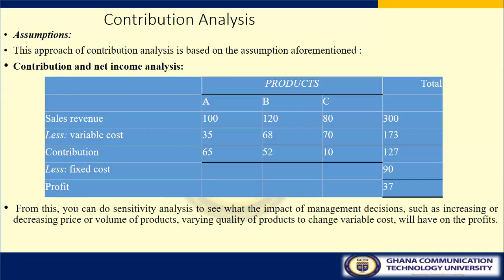So our contribution is going to be 100 less 35, which gives 65 Ghana cedis as your contribution for product A. And that of B is 120 less 68, so you are getting 52 Ghana cedis as your contribution, or somebody will say your gross profit. Then for product C, the sales made was 80 Ghana cedis and the variable cost was 70 Ghana cedis. You less it from 80 and you are getting 10 Ghana cedis as your contribution.